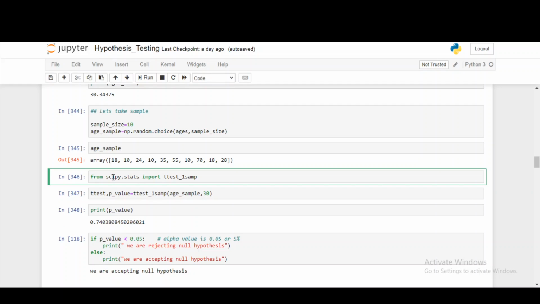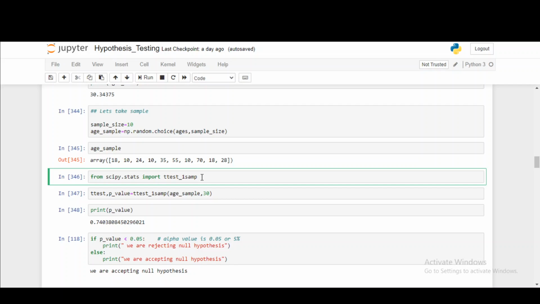Now there is a package called SciPy. Inside SciPy we have the stats module, and from there we are importing ttest_1samp, which will help us in doing this hypothesis testing. As I told in the beginning, the p-value helps us in performing the hypothesis test.